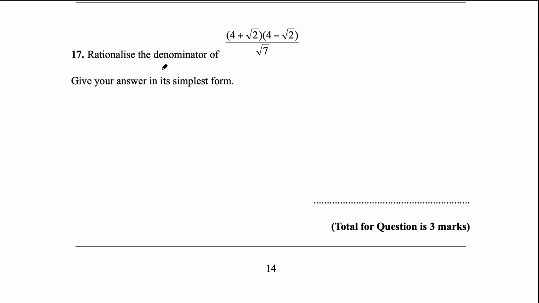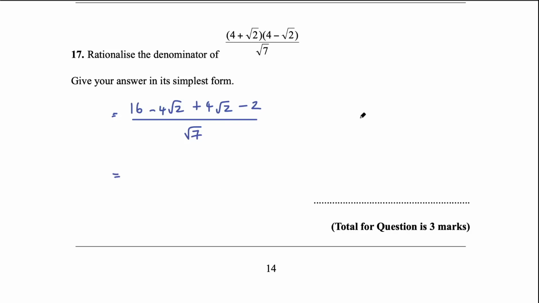Question 17 says rationalize the denominator of this expression, give your answer in its simplest form. So again, I would expand those brackets out first. So this would be 16 multiplied by negative 4 root 2 plus 4 root 2. Take root 2 times root 2 is 2 all over root 7.